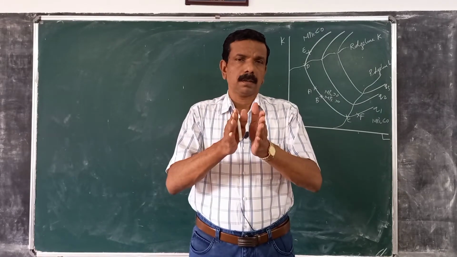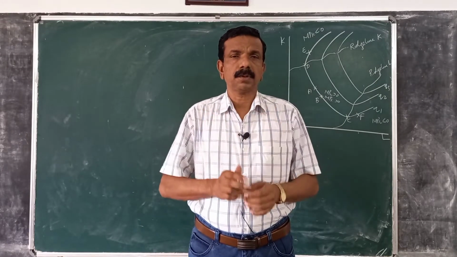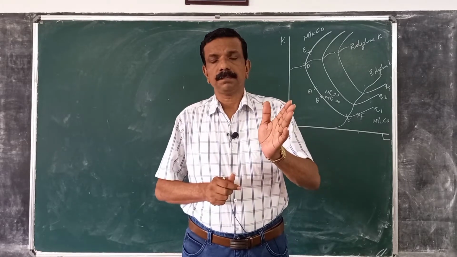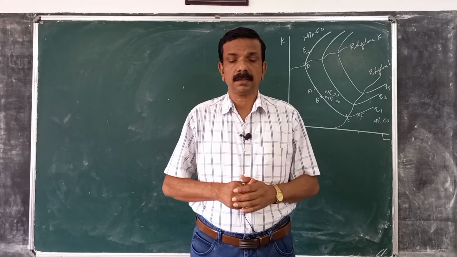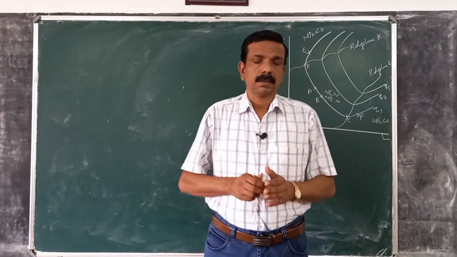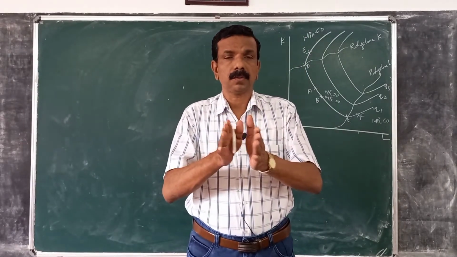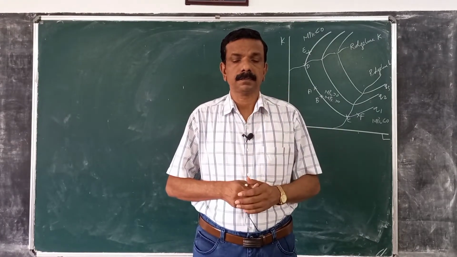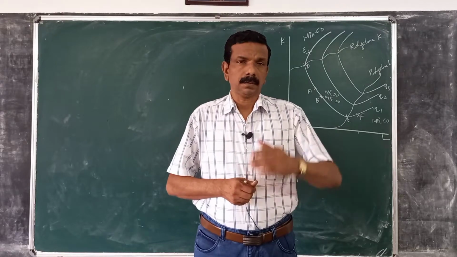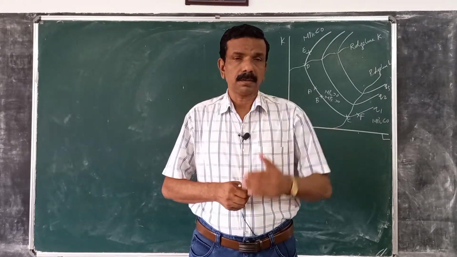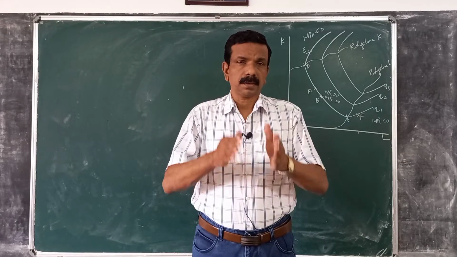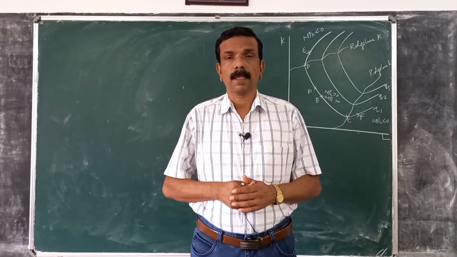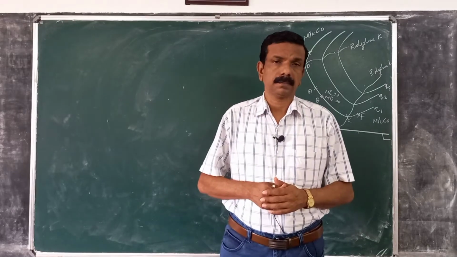And the analysis of the slope of the isoquant provides us information about the substitution possibility of capital for labor. So, the slope of the isoquant gives us information about the substitution possibility between capital and labor.